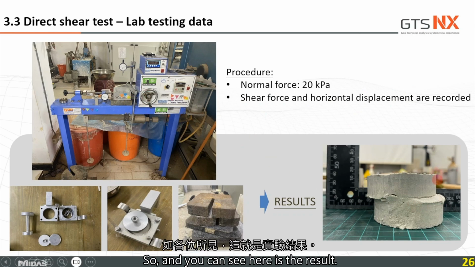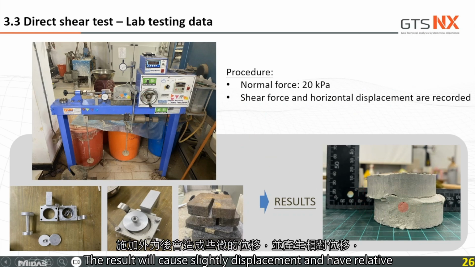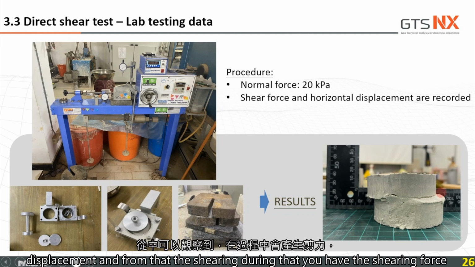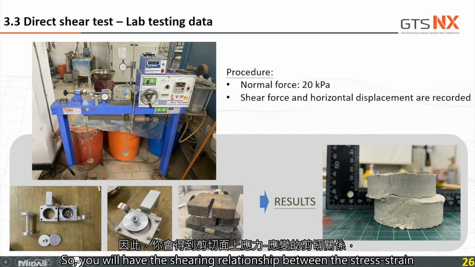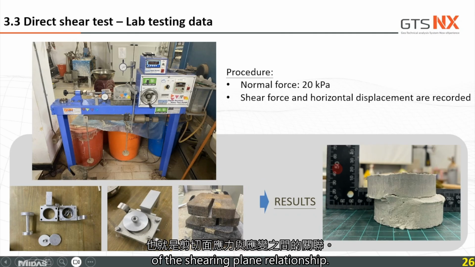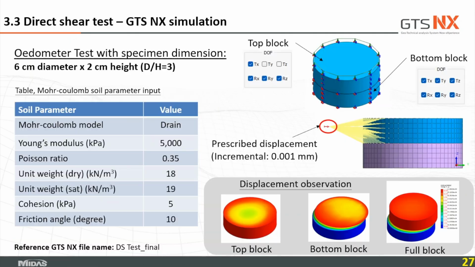You can see here the result will cause slight displacement and relative displacement, and from the shearing you have the shearing force and the displacement of the shearing blade. So you will have the stress-strain relationship of the shearing. And here is the simulation.